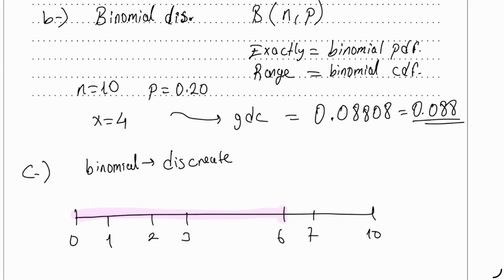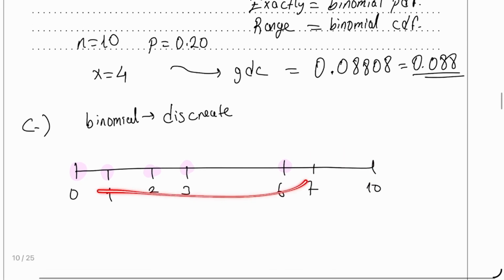These are discrete variables, right? There is nothing in between. So this is what we want. The easy way of doing that is finding 7 and more, this area, then subtracting it from 1, because the total probability of something is always 1, right? So 1 minus this part is our answer.